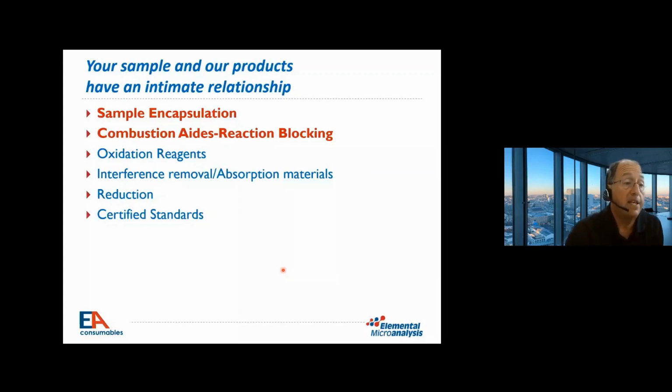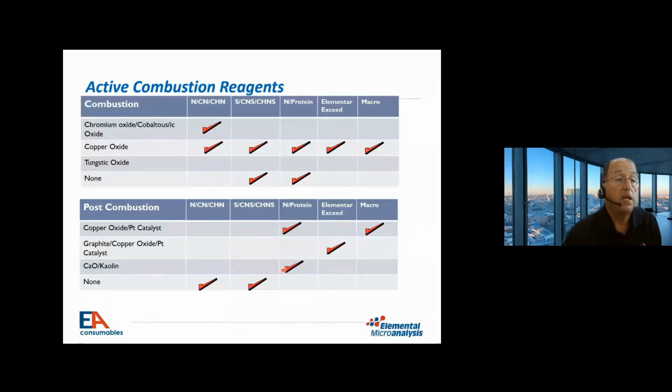Then we have the oxidation reagents inside the combustion tube itself. Depending on the form of analysis and your manufacturer type, different combustion reagents will be used. In the case of CN, CHN, or CHNS analysis, either chromium oxide, cobaltic oxide, copper oxide, or tungstic oxide is used.